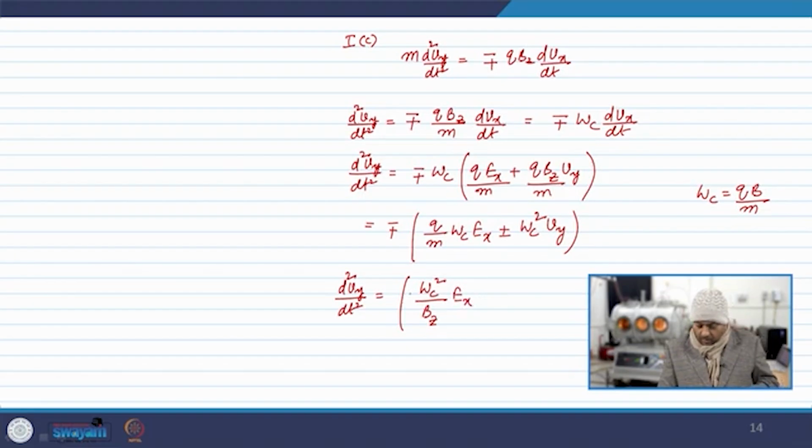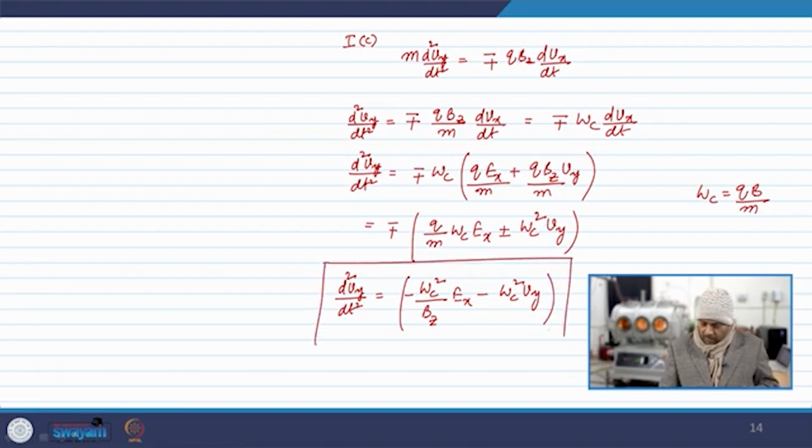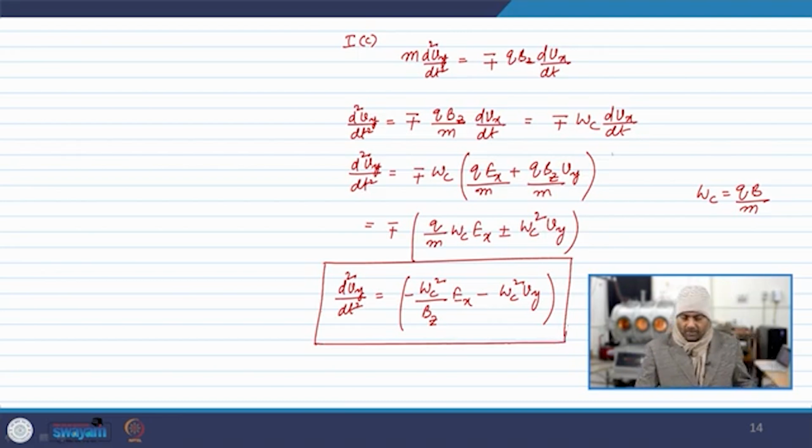You have a minus here, right. You have a plus minus here. Multiplying minus plus will give you minus. These two things again, minus omega c square Vy. So don't be confused with the algebra. I'll just tell you what I have done so far. I have substituted for dVx by dt into this.